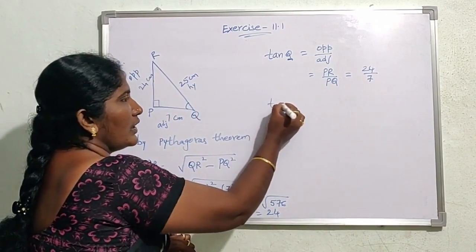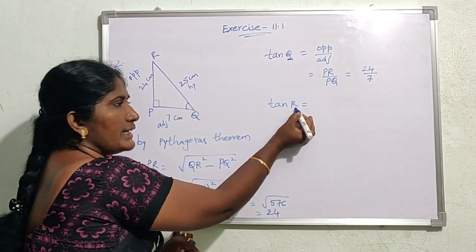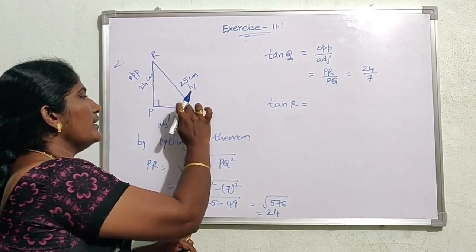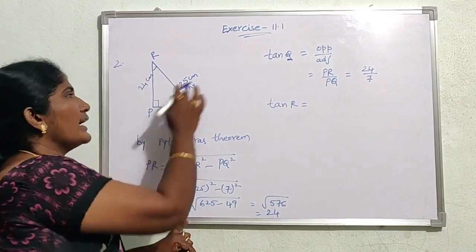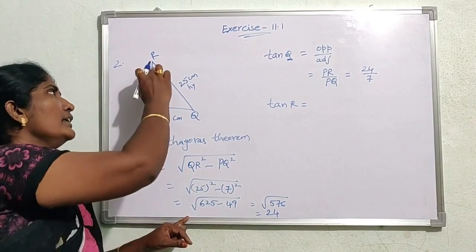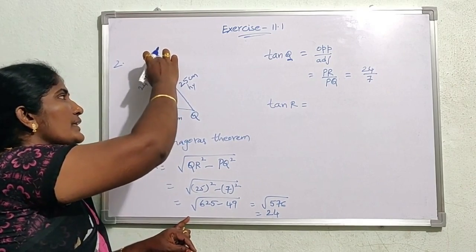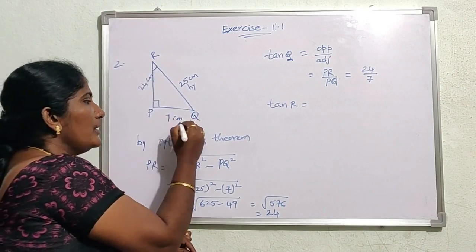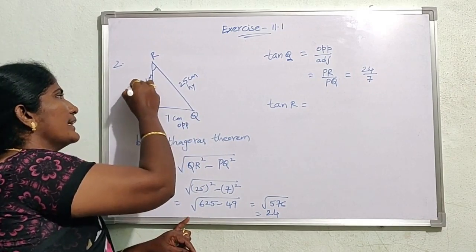Next, tan R. Now where we want to consider angle? At R. So the angle they mentioned at R. Then again hypotenuse same, opposite side and adjacent sides will be changed. Here they mentioned angle. Therefore the side which is opposite to R is PQ. Now this becomes opposite side and this is adjacent side.